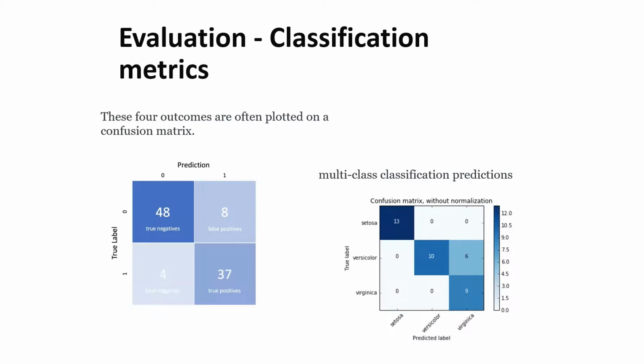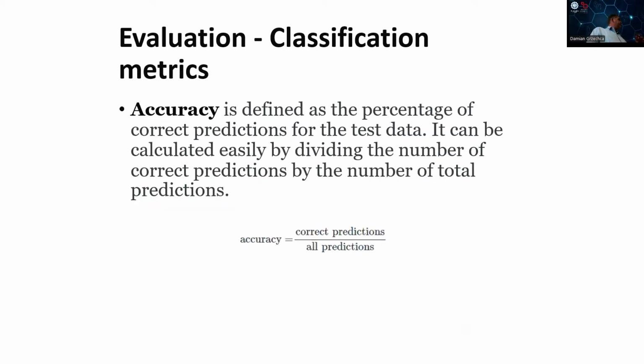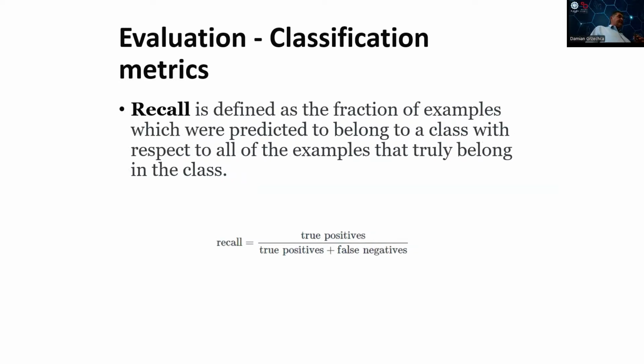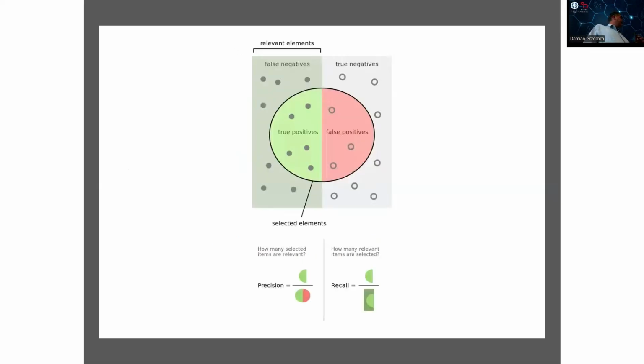So here is a confusion matrix, or classification matrix. It's still the same. Once again, the accuracy is correct predictions divided by all predictions, precision is true positives divided by true positives and false positives, and recall is true positives divided by true positives and false negatives.